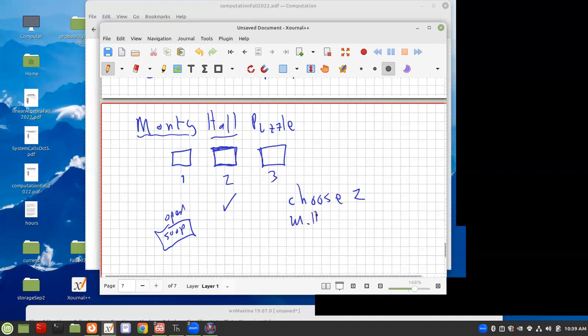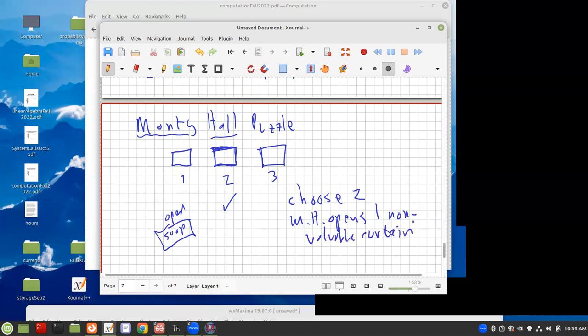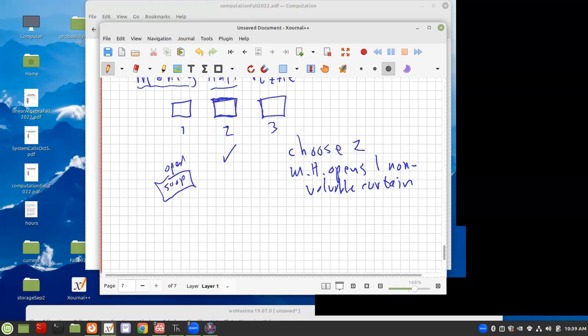Monty Hall opens one non-valuable curtain, and then asks the contestant, and this is what makes the game somewhat interesting, do you want to stick with your original choice of 2 or switch to the other one? So the question for the contestant is, stay put or switch?